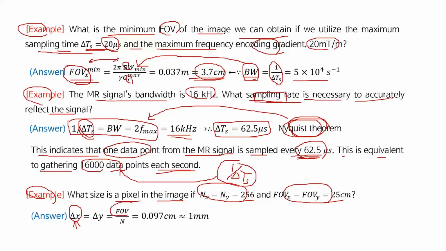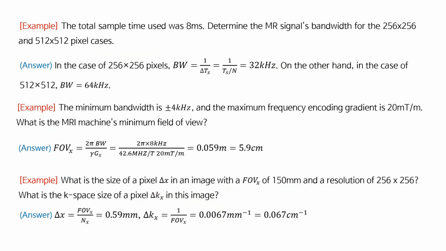This is the image size divided by n. So you can get the pixel size is about 1 millimeter. So the pixel size in the image is 1.1 millimeter, both in x and y direction.